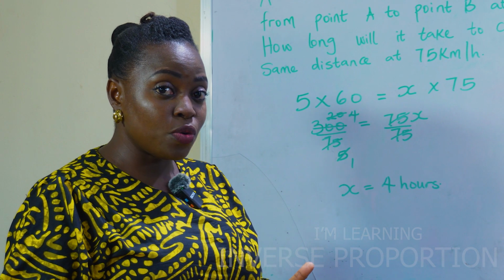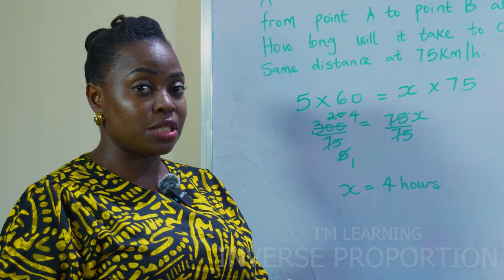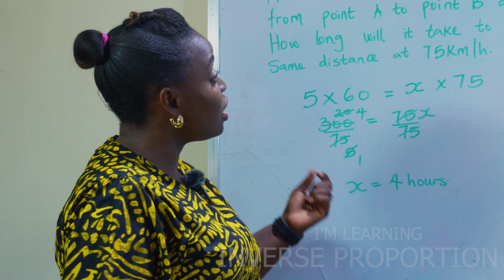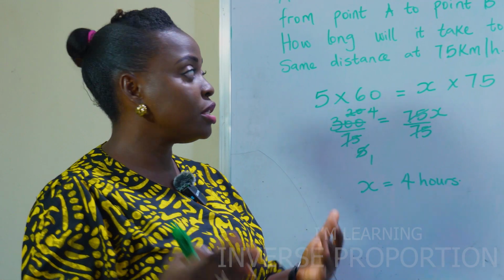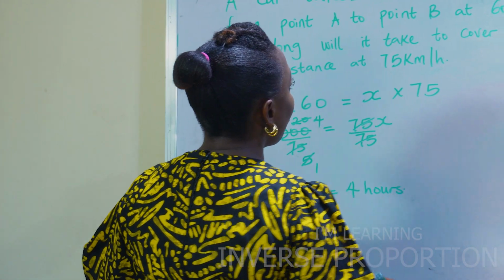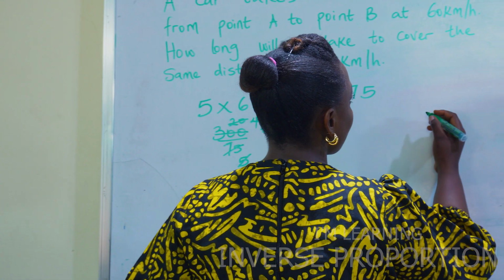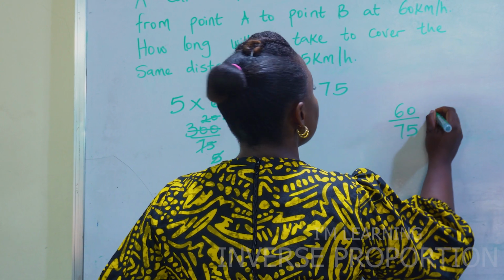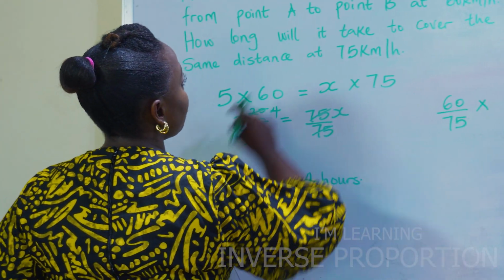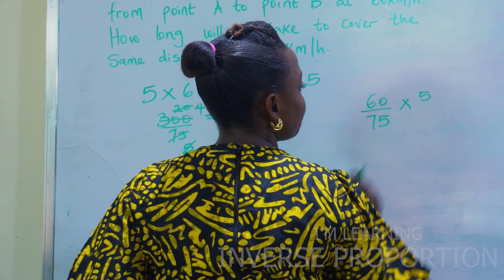Now the faster it goes, the less time it needs to reach its destination. So that means the value we're looking for is less. And if less, more divides. So more is going to divide less. So that means 60 over 75 times the value that we know, which is 5 hours.